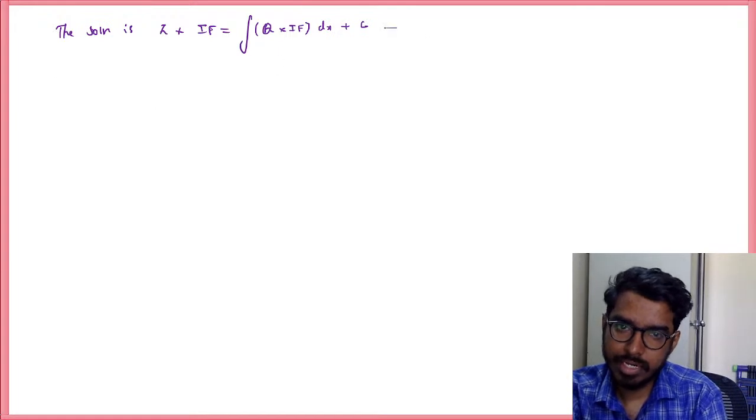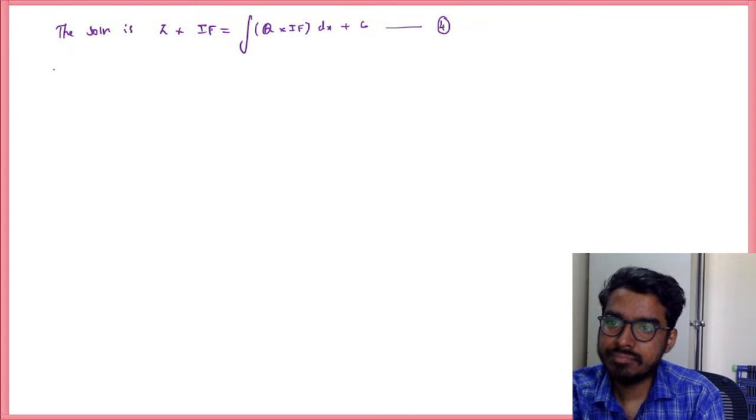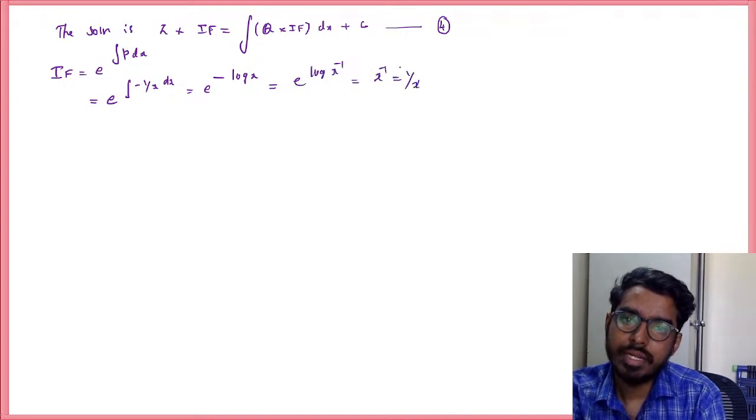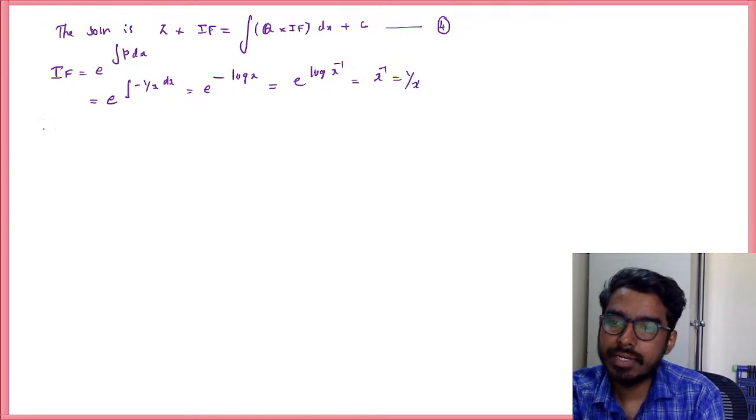So now we'll find the integrating factor and then we'll substitute back here. So what is P here? Minus 1. So integration of 1 by x is log x, right? So 1 by x is the integrating factor. So substitute back in 4.